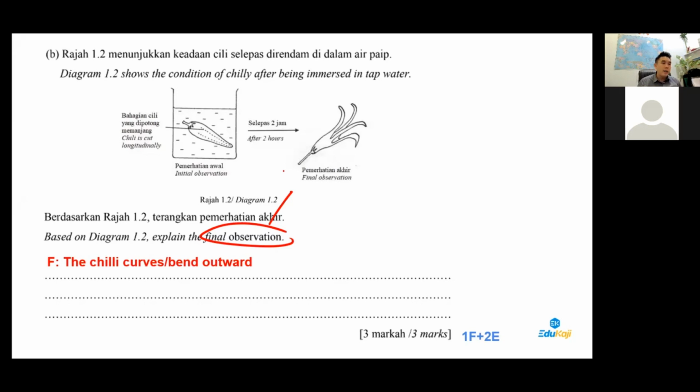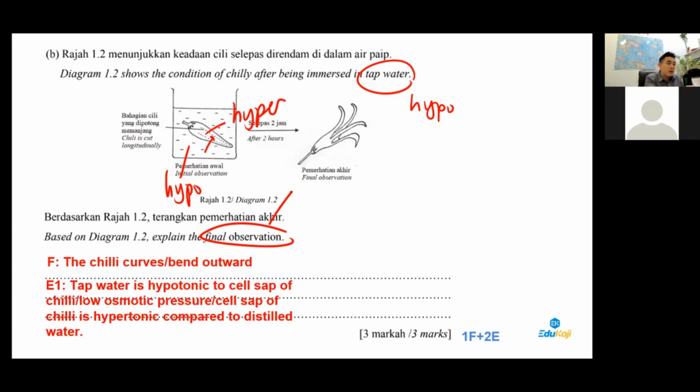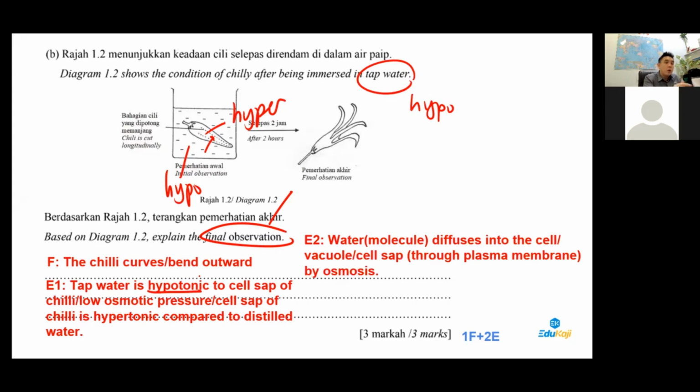The reason why is because tap water is hypotonic. When outside is hypotonic, inside is hypertonic, water moves in by osmosis. We say that tap water is hypo, meaning inside is hyper. Water moves in, don't forget to mention, by osmosis.